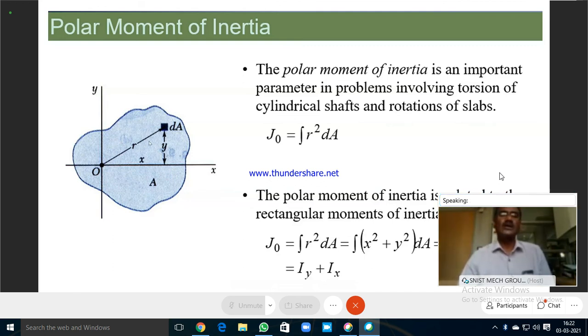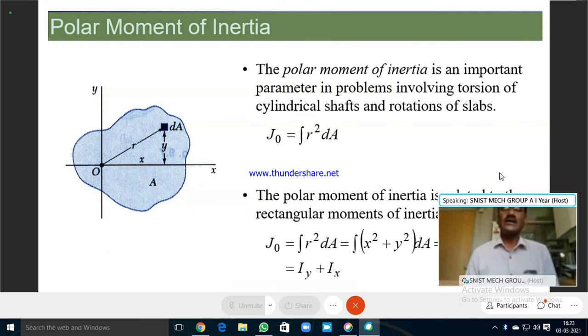You can write down integral r squared dA is the polar moment of inertia, and r is nothing but the hypotenuse of the right angle triangle. You can replace r squared with x squared plus y squared, and integral x squared dA is nothing but your Iy, and integral y squared dA is nothing but your Ix, and J naught you can write down as Ix plus Iy, which is nothing but your perpendicular axis theorem.